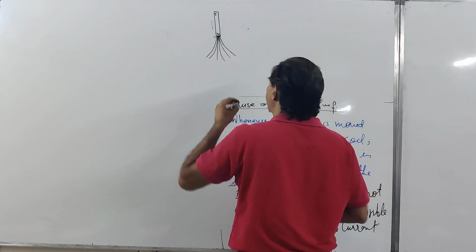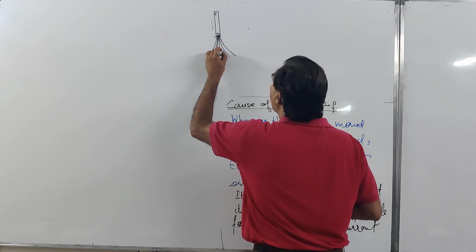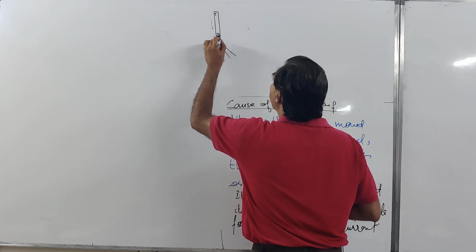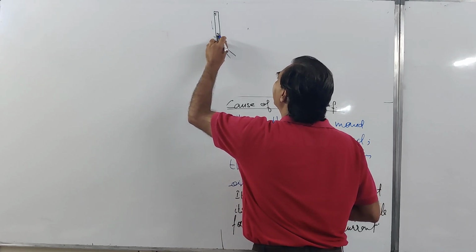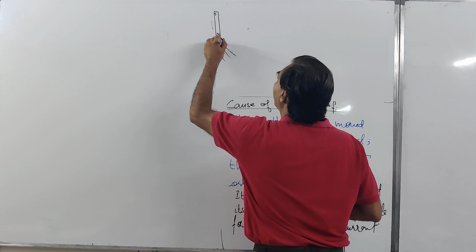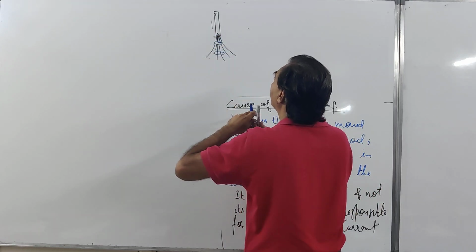So it is obvious that if I have an area here, then the same area is here. I hope you understand now. No? Okay, I have an area here and I have an area here.